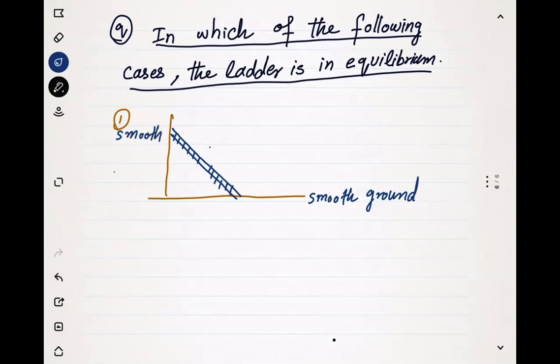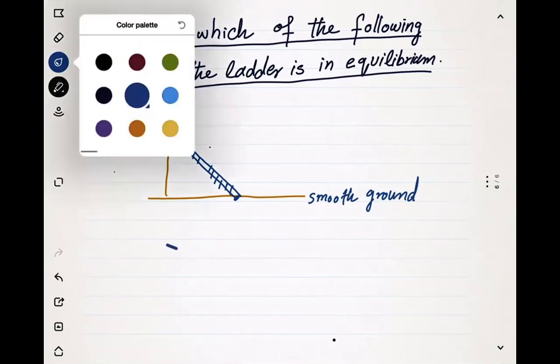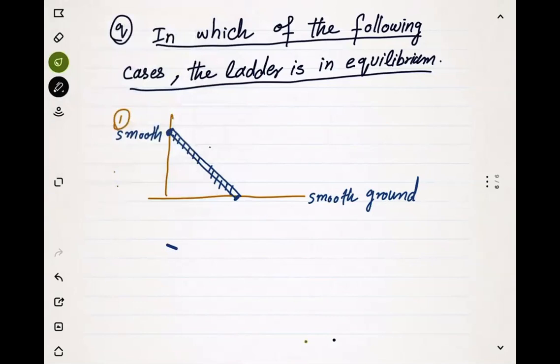Now if we represent the forces on the ladder, in the first case the forces on the ladder are the weight of the ladder, then we have the normal contact force. However, friction is not present as the ground is smooth and the wall is also smooth.